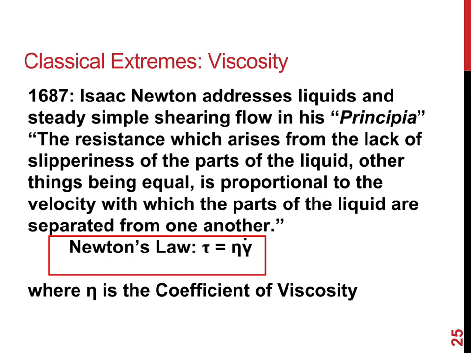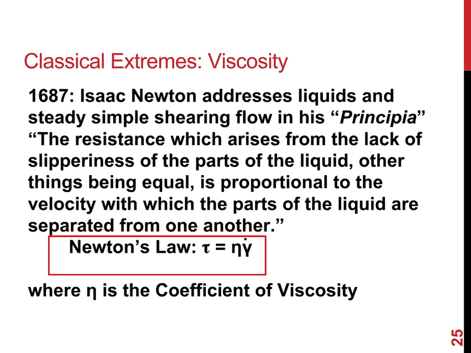Something that is very viscous is defined in Newton's law. Isaac Newton defined resistance as the resistance which arises from the lack of slipperiness of the parts of the liquid. Other things being equal, it is proportional to the velocity with which the parts of the liquid are separated from one another.